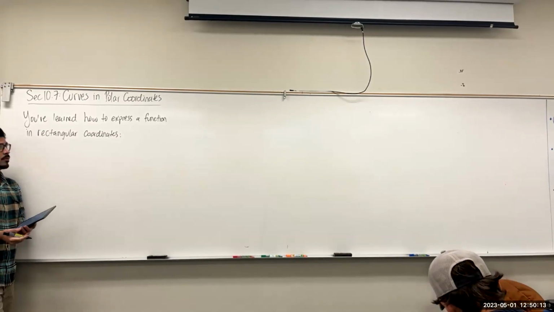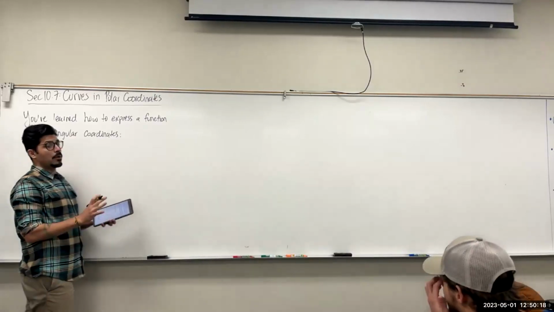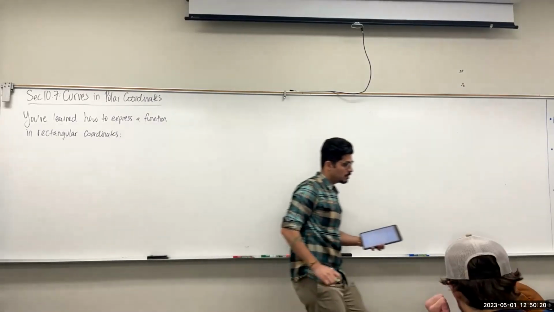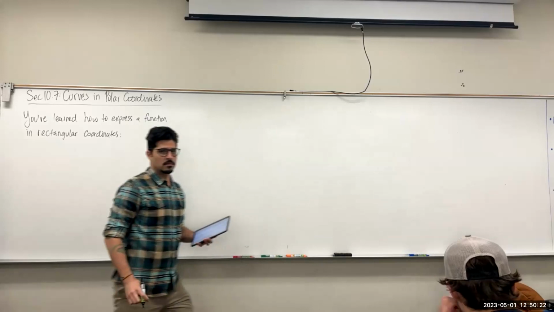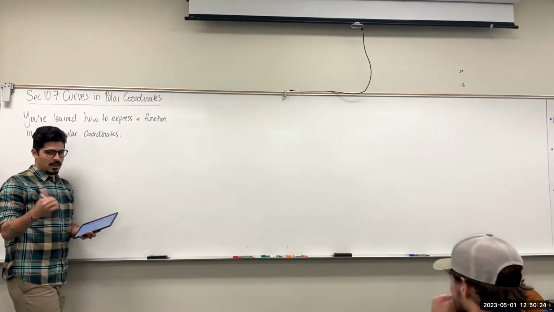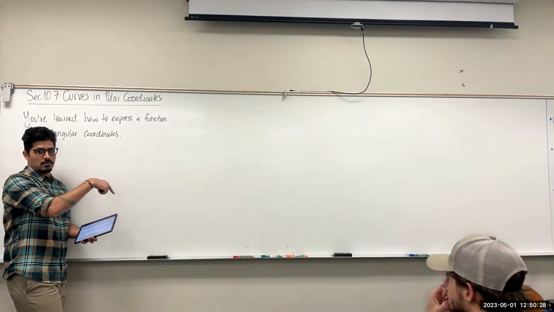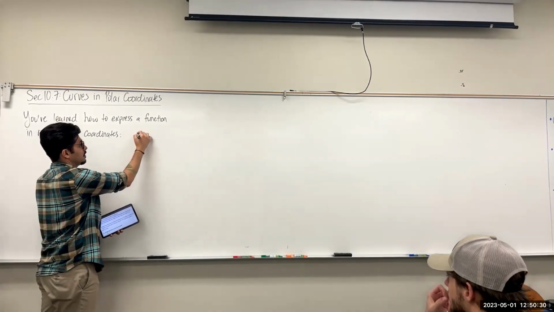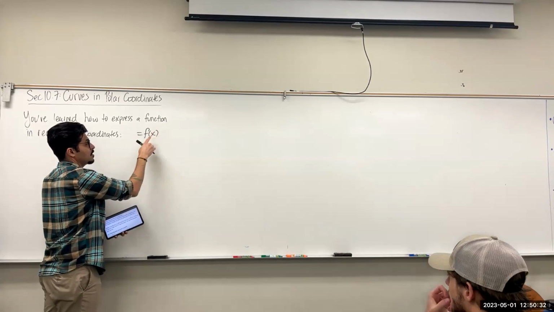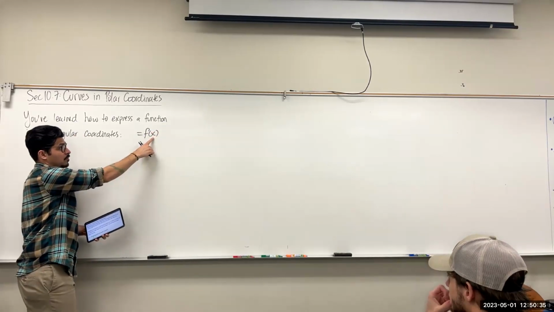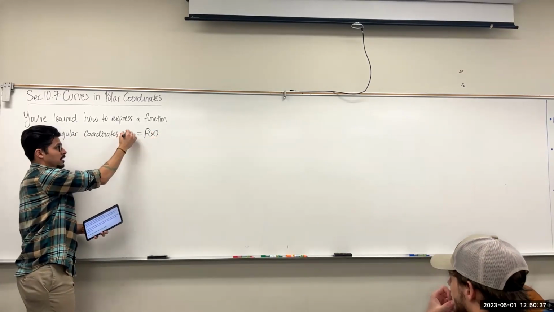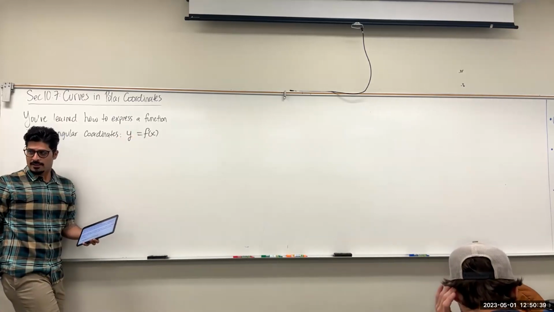What do we usually write? Not points, as functions. There's an f of x, and we're always saying it's equal to... When you plug in an x coordinate, what coordinate does it equal? It equals a y coordinate, right? That's how we've been writing.